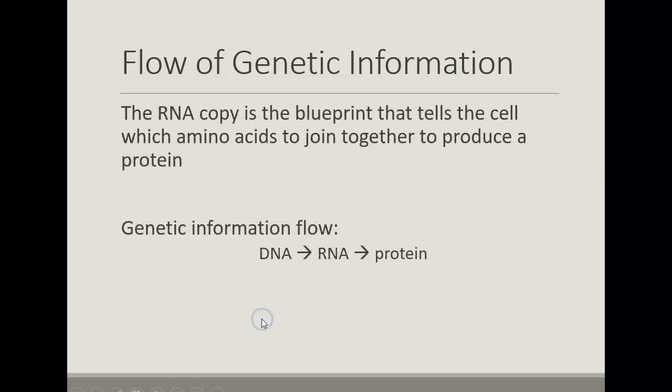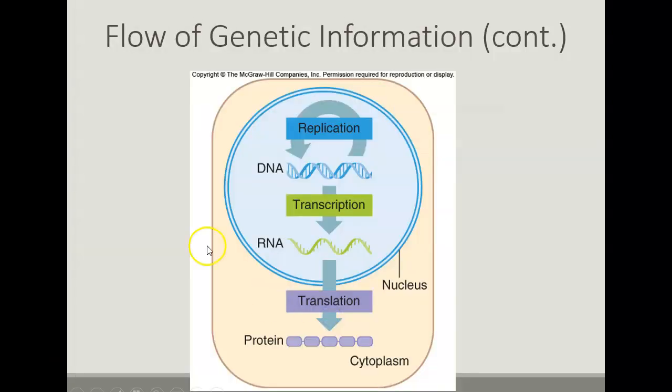So how genetic information flows. Going back to where all of that DNA is housed inside of the nucleus, all of the instructions to build and maintain you are there. However, we need to get the information out of the nucleus. That's where RNA comes into play. We're going to make a copy of the instructions. Then we're going to take those instructions and move them on to ribosomes, and those ribosomes are going to assemble proteins.